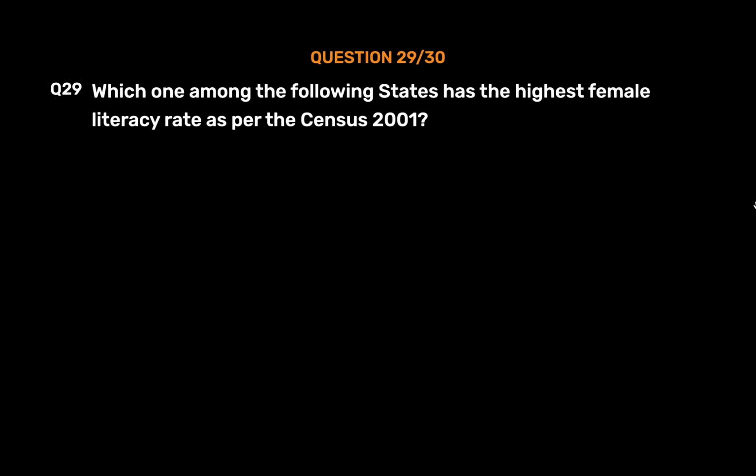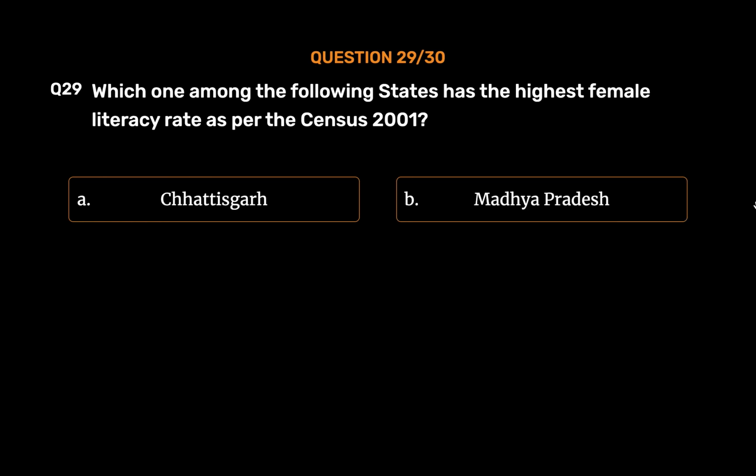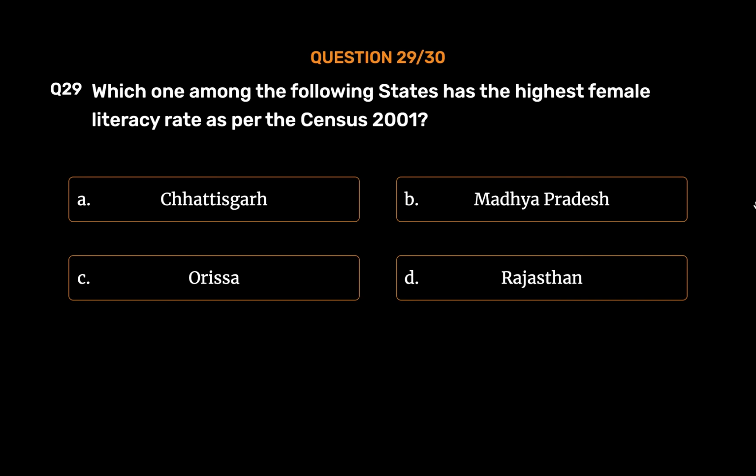Question number 29. Which one among the following states has the highest female literacy rate as per the Census 2001? Option A. Chhattisgarh. Option B. Madhya Pradesh. Option C. Orissa. Option D. Rajasthan. The correct answer is Option A. Chhattisgarh.